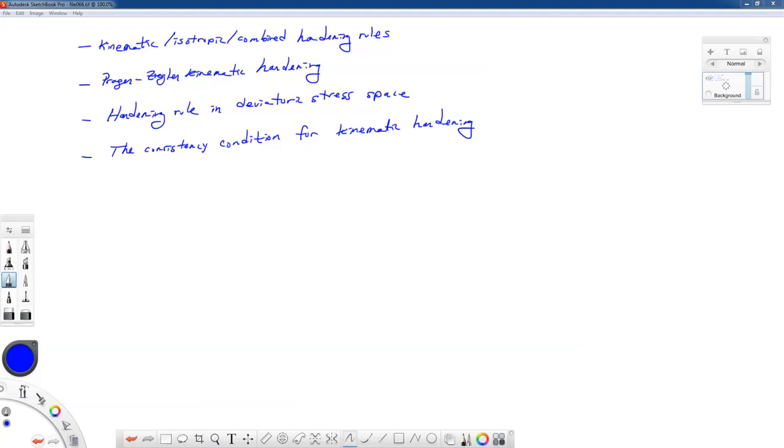So let's start off by talking about what a hardening rule is and why we need it. We need three items in yield surface plasticity theory. Now, there are other plasticity theories out there, endochronic theories and so forth, and they have a little different take on things.